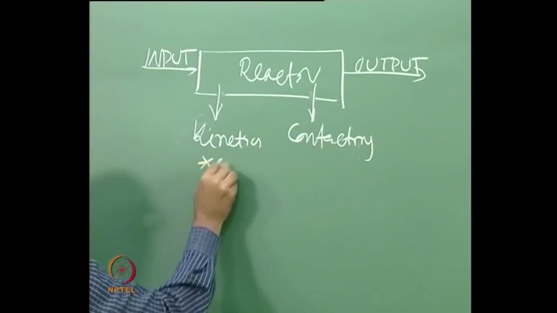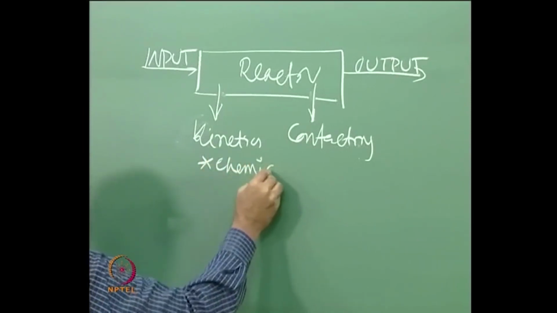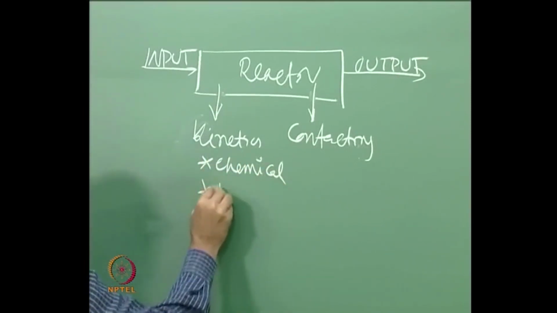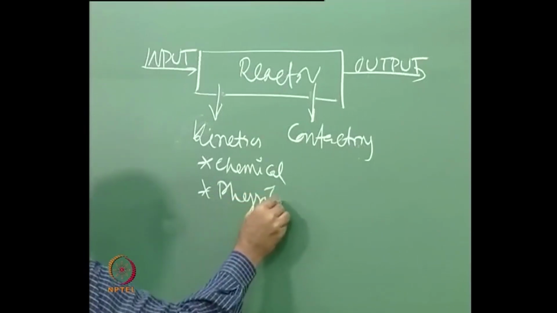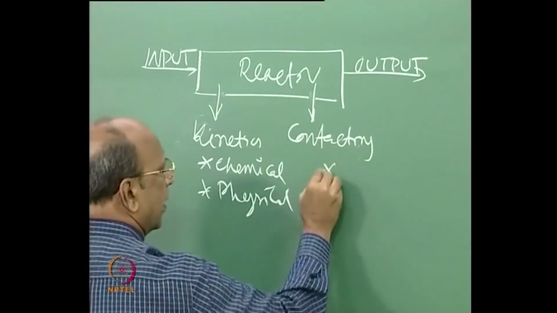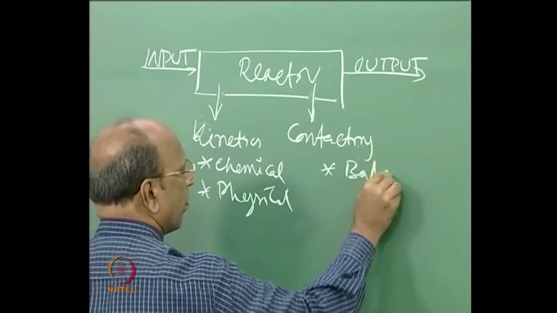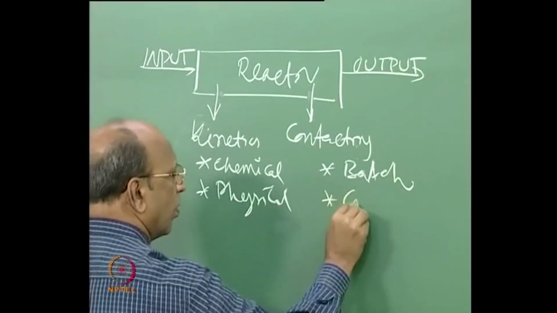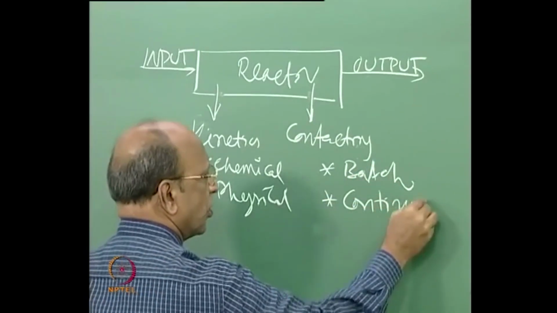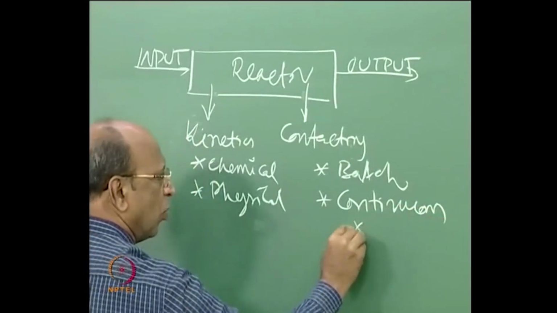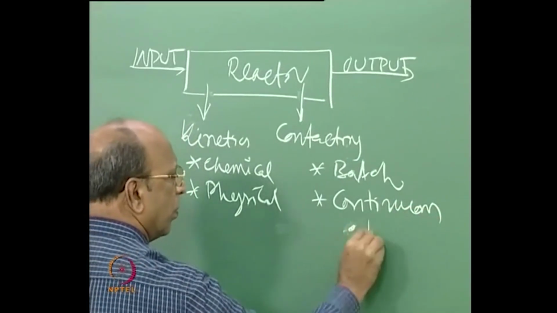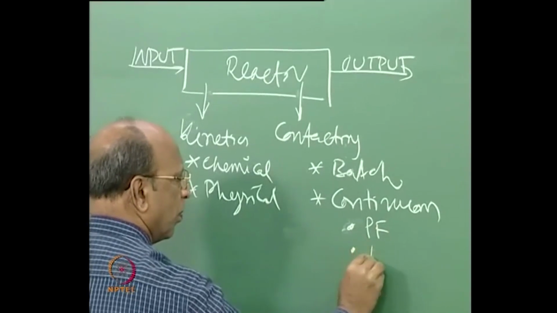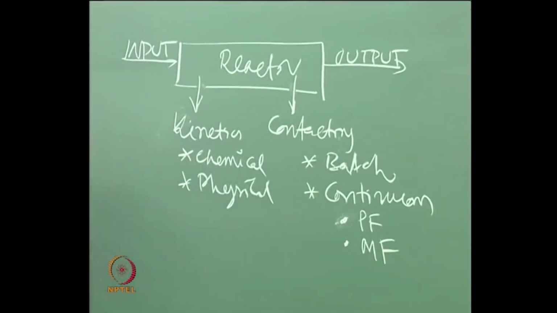Here we have chemical and physical, and here we have batch and continuous, and in continuous again we have PF and MF.